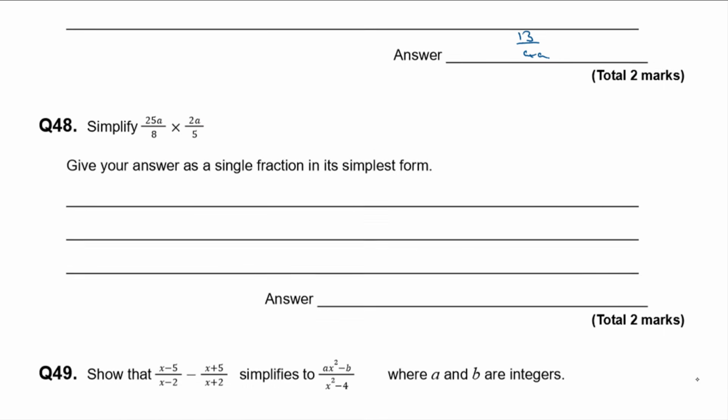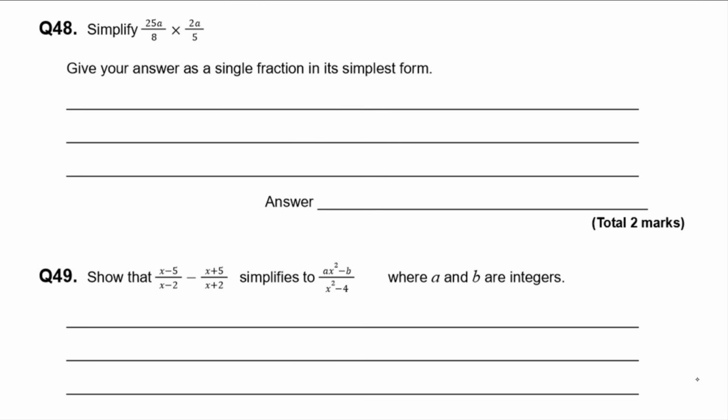Okay. Right, question 48, simplify 25a over 8 times 2a over 5. Now again, fraction multiplication, you look to cancel top and bottom, don't you? And then you multiply. That's what I would do. So we're going to do the same thing here. Gonna just see if we can simplify it first. So can you see I've got an 8 and a 2 there, both of those divisible by 2.